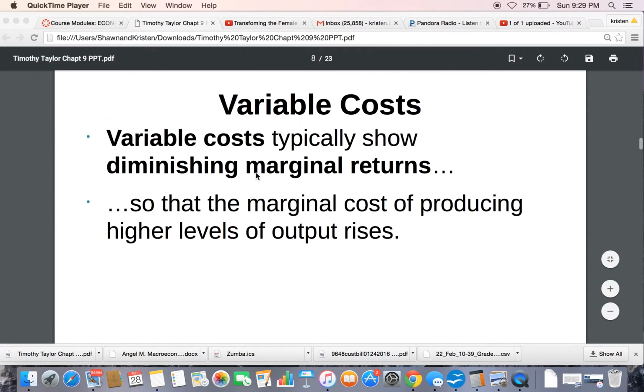So remember this concept of variable costs, meaning that as we add variable units of our inputs to a fixed factory size or some fixed cost that is not changing, this will demonstrate diminishing marginal returns, and diminishing marginal returns are indicative of increased marginal costs per unit.